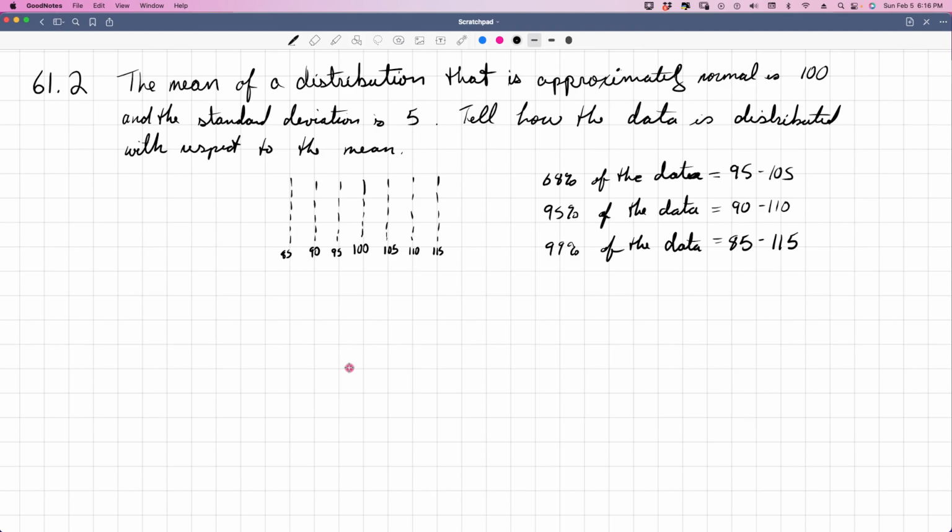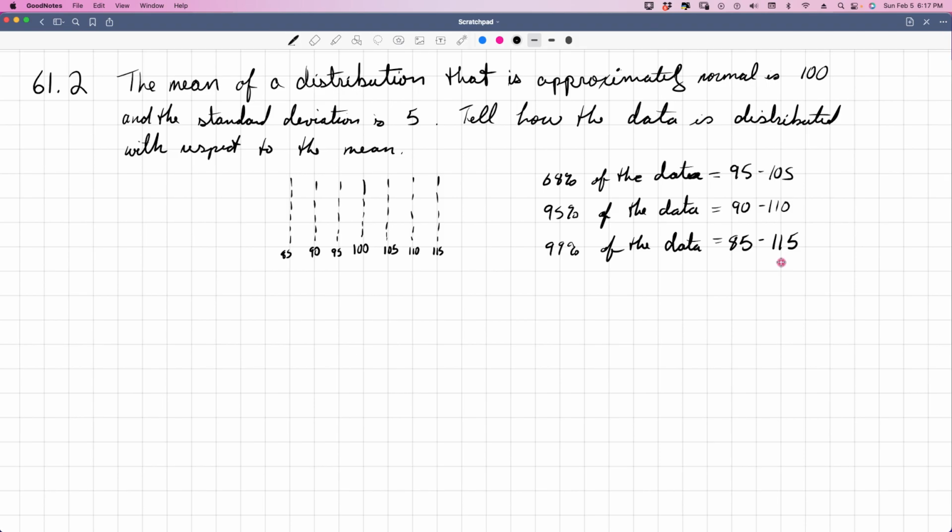And that is how we would explain the distribution given that information. We would just say 68% is between this range, 95% is between this range, and 99% is within this range. And that's all we really have to say.